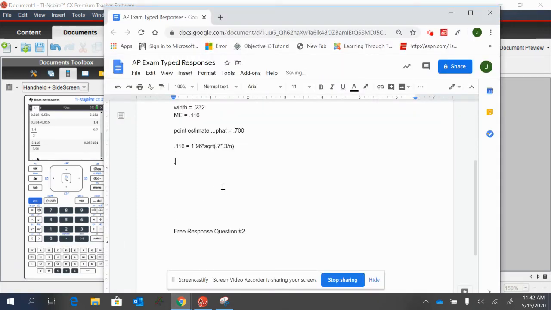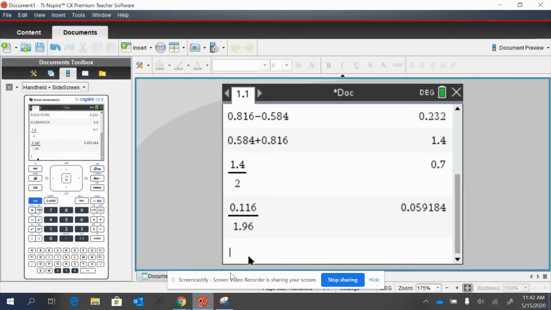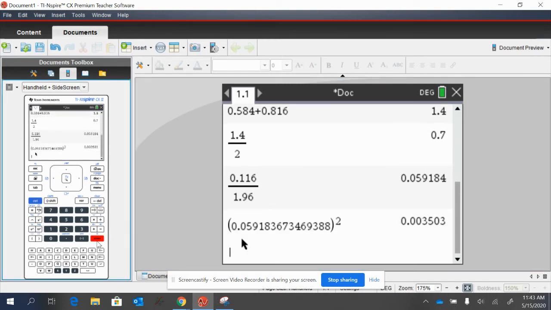All right, so this is 0.0592 equals the square root of 0.7 times 0.3 over n. All right, now we're going to square both sides. This is not easy. Let's see if we can get the answer squared. Good. 0.0035.